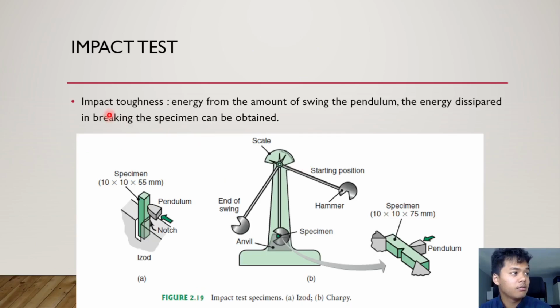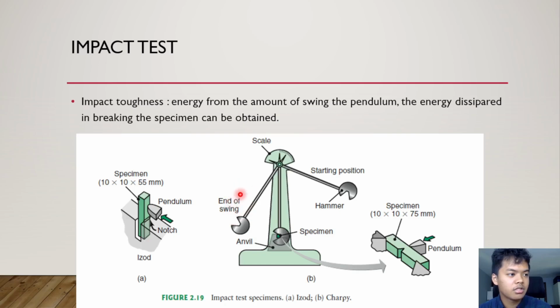Impact test. Impact toughness, energy from the amount of swing of the pendulum, the energy dissipated in breaking the specimen can be obtained. So what happens here is, to start the experiment, this pendulum is to be set at a fixed height, and then it is let go, and as the pendulum travels down, it hits the specimen, and as it does, it loses energy, so it doesn't go back up to its original height.